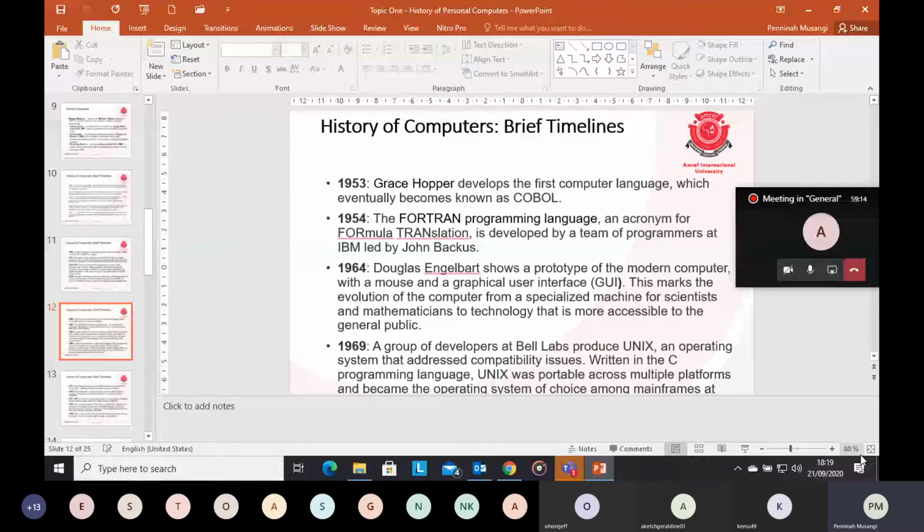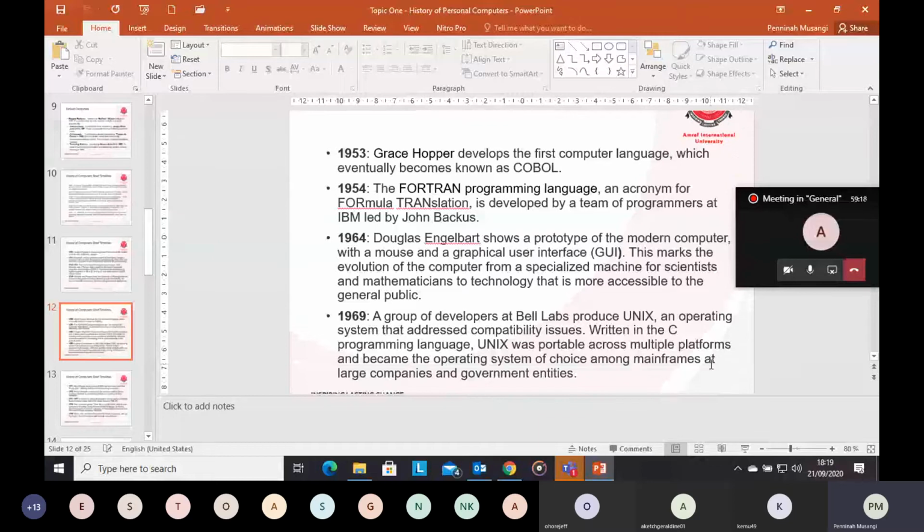1969, a group of developers at Bell Labs produced Unix. And Unix was the first operating system, and actually it addressed what we call compatibility issues. Computers before that came with their own operating system. So the manufacturer of a computer had to develop the operating system, and you bought a computer together with the operating system.